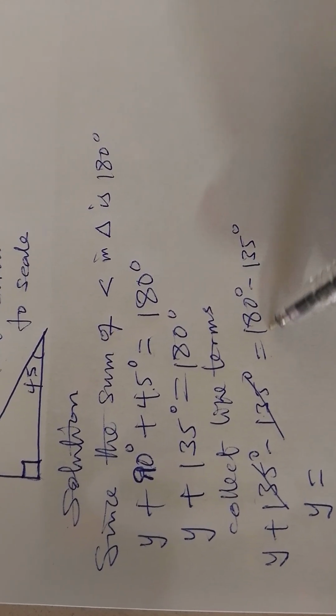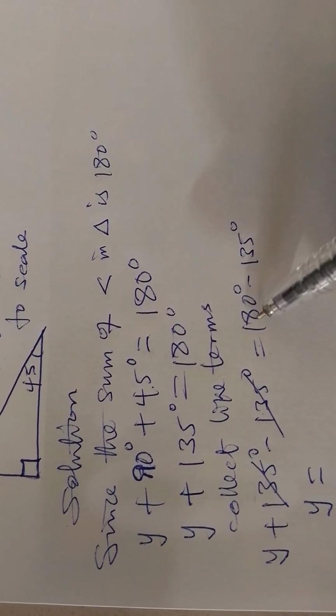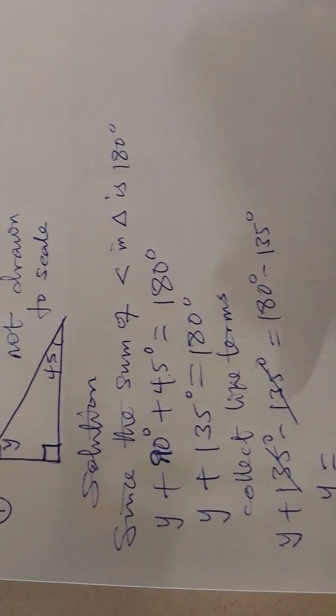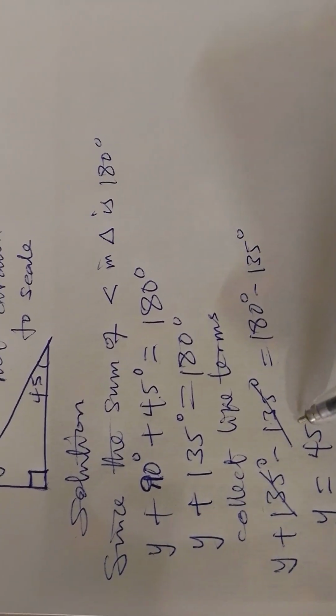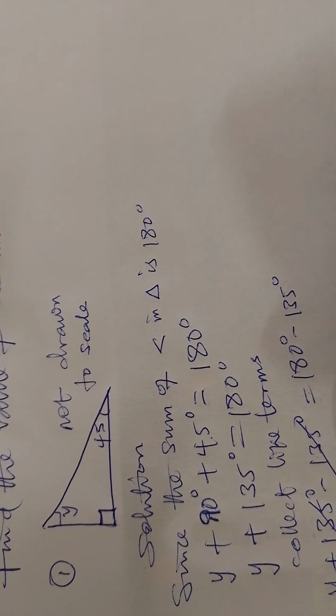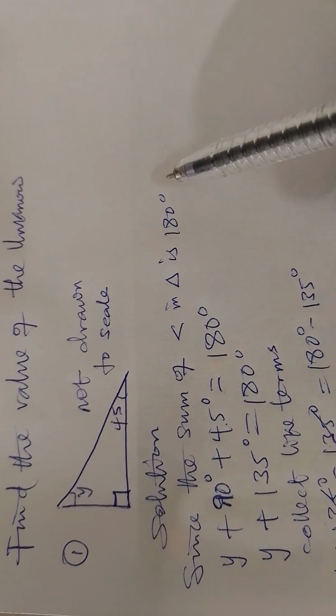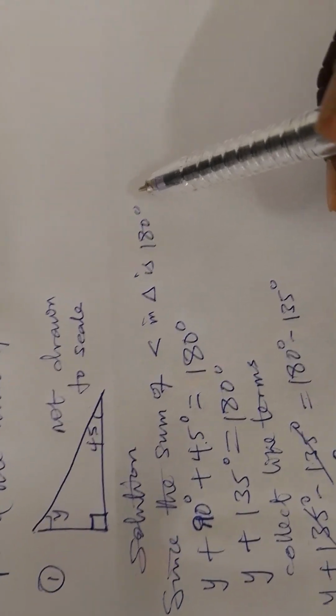If I remove 100, it will remain 80. From the 80, if I remove 30, remain 50. From 50, if I remove 5, it remains 45 degrees. So the answer to this question is 45 degrees. And if I add 45 degrees plus 45 degrees plus 90 degrees, I'm going to have 180 degrees.